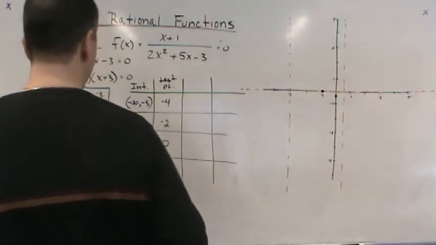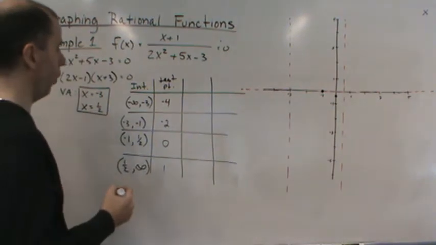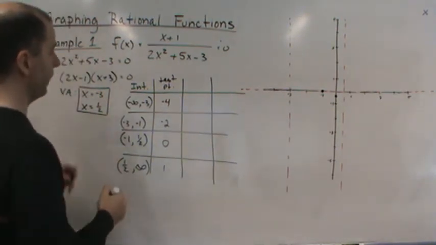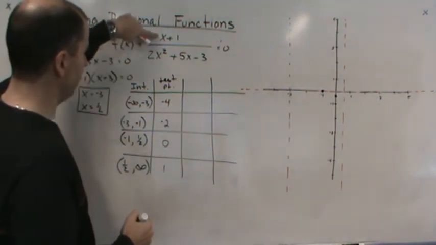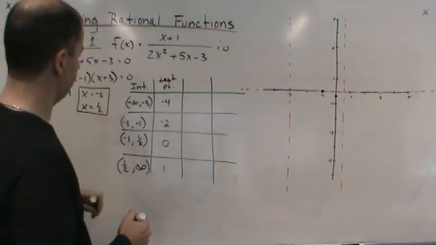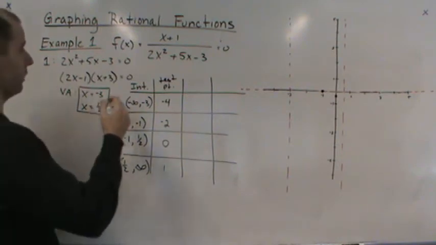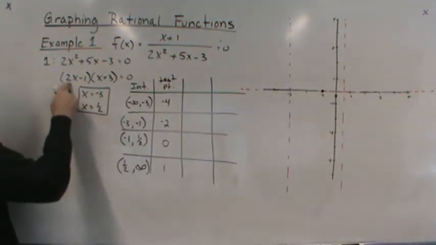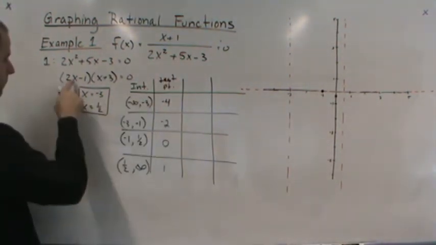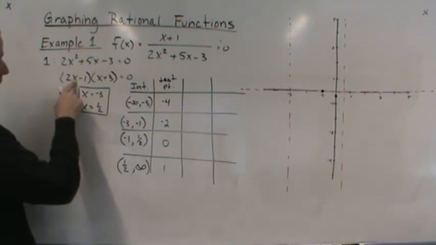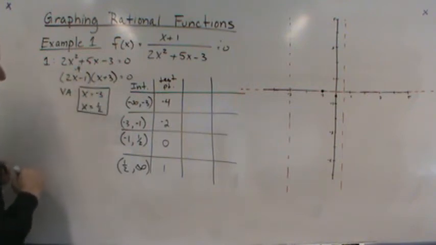Okay, so here, if we plug in negative 4, what do we get? We get negative 3 on top. Okay, so we get negative 3, and then over here, what do we get when we plug in negative 4?